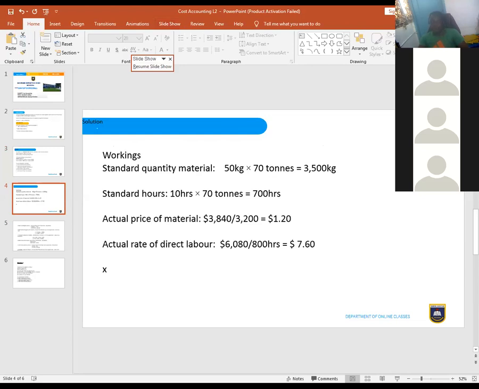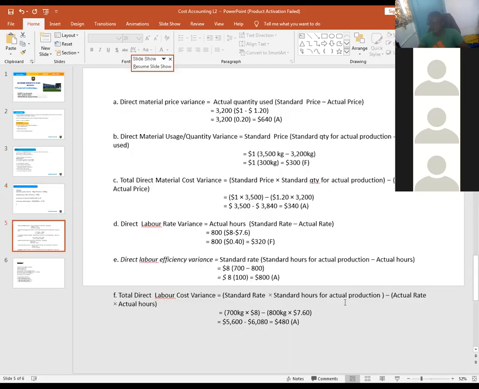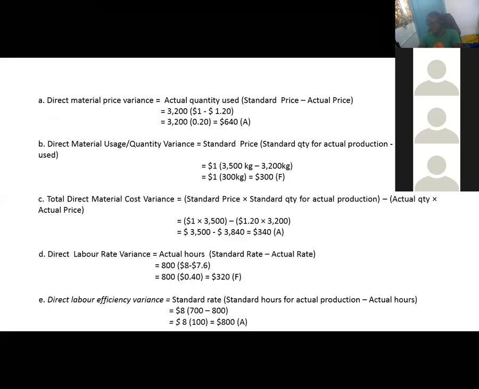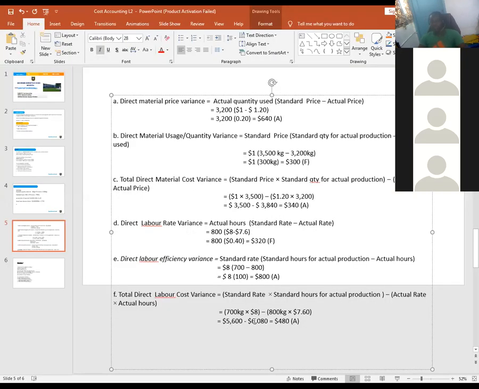All right. So our answer is $480 unfavorable. As you can see, $480 unfavorable. Yes, sir. Okay. All right.